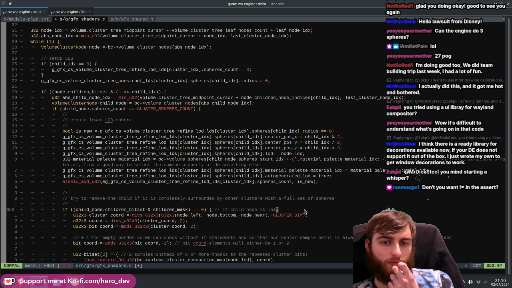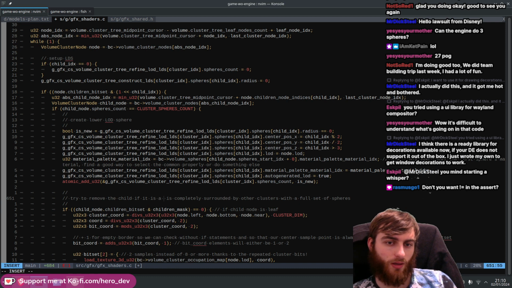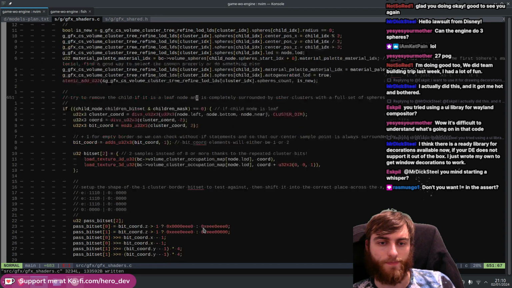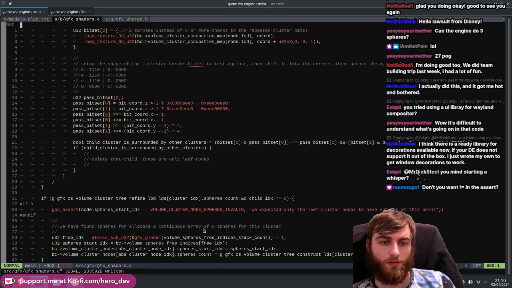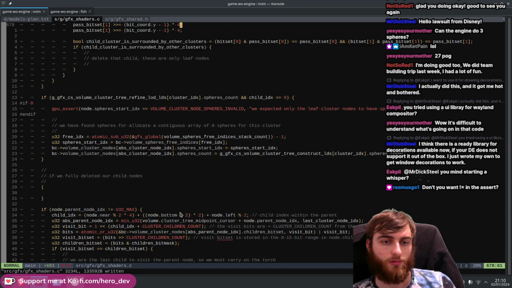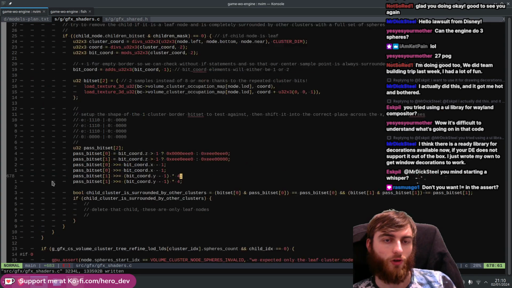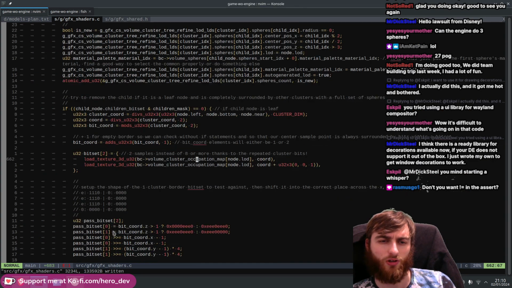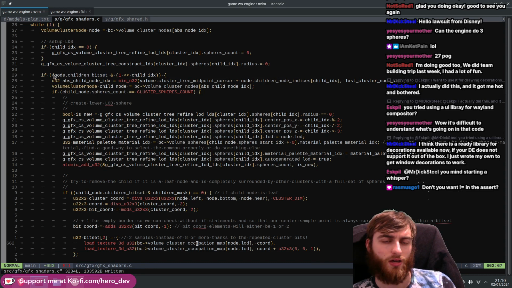If the child is a leaf node, if it is a leaf node and is completely surrounded by other clusters. Excellent. Right, so only if you've fully deleted the children. So I guess that could go in here. Let's just think about it.